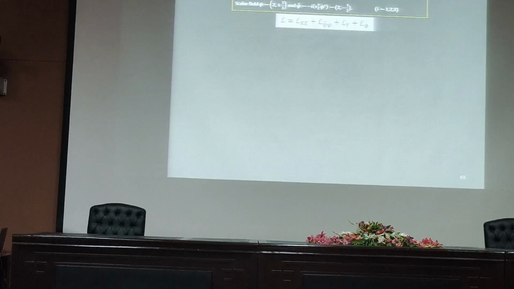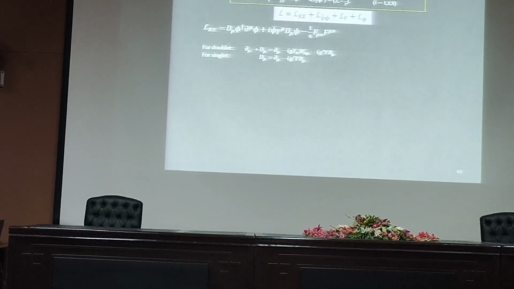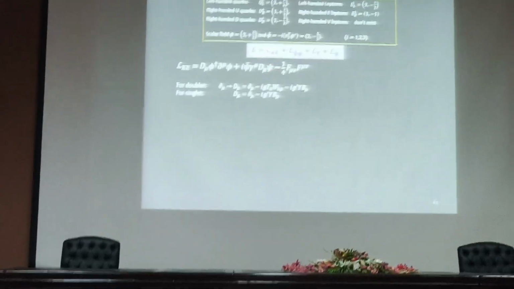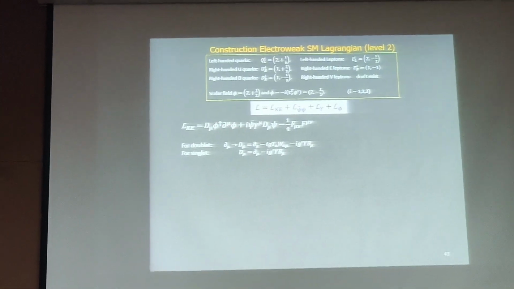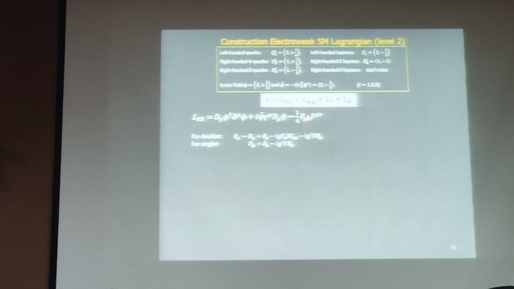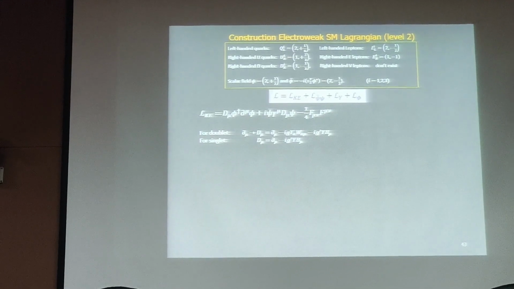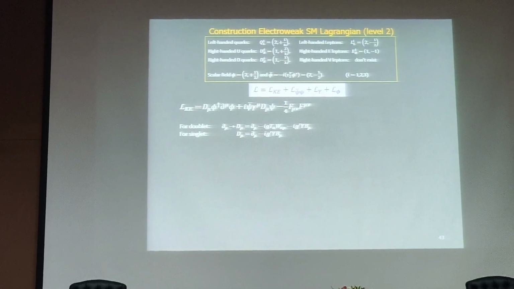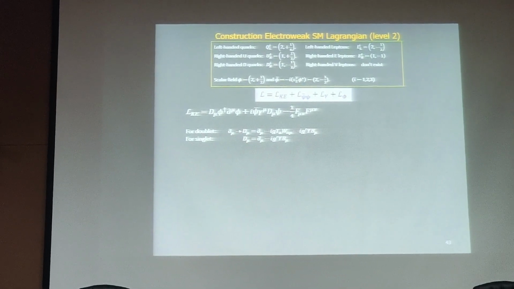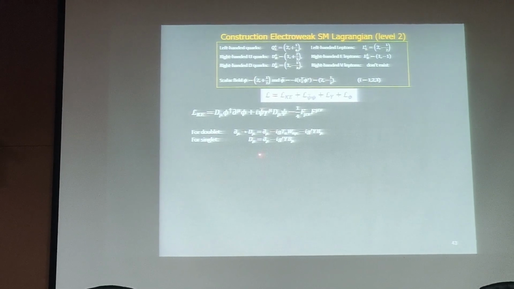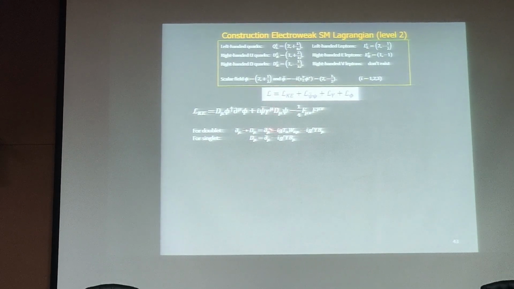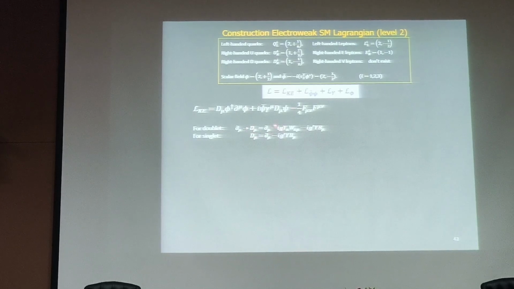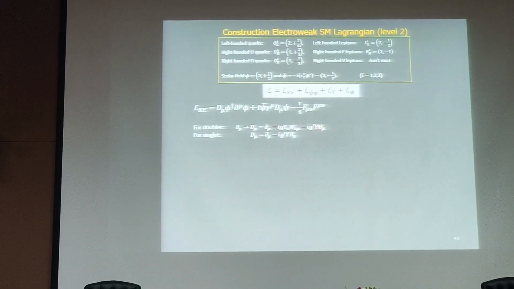Okay, so let's now apply the recipe. First we have to construct the kinetic energy terms of the scalar field, fermion field, and the vector field. Since our symmetry is a gauge symmetry, we have to replace the ordinary derivative with the gauge covariant derivative. If your field is a doublet, the gauge covariant derivative will contain 2 parts.